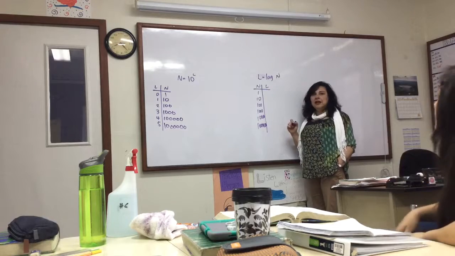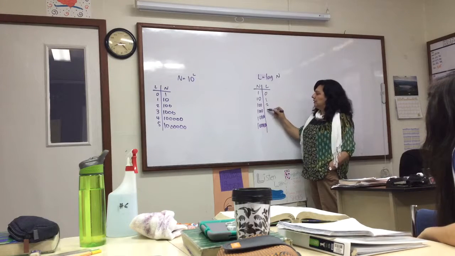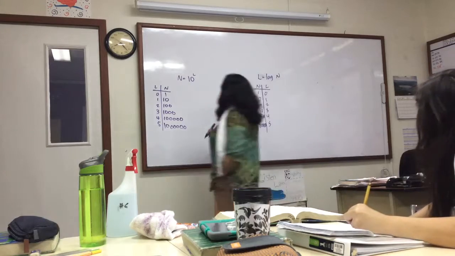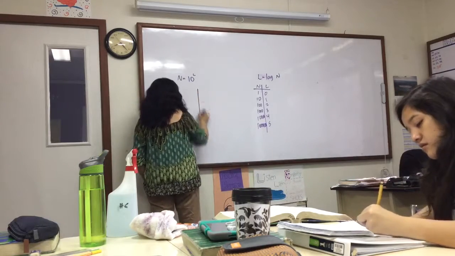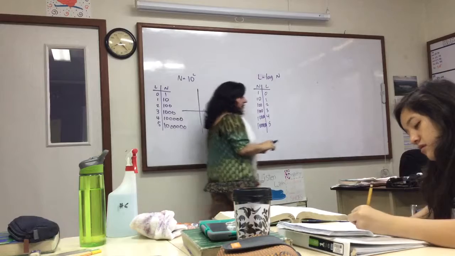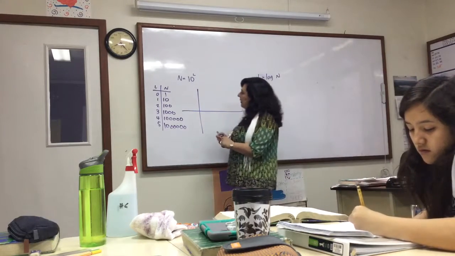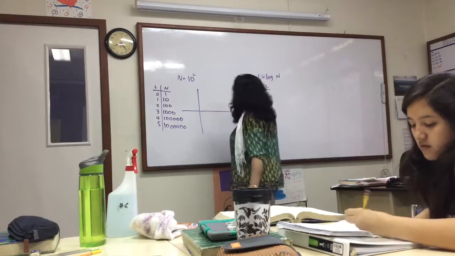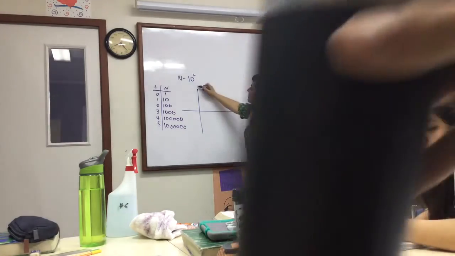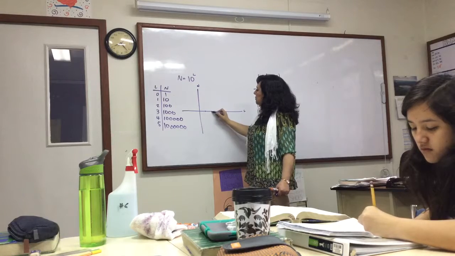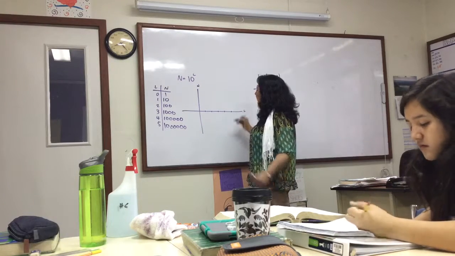And the L is going to be 0, 1, 2, I think you figured it out, right? So if I graph it, what do I get? This is L, this is N, this is 1, 2, 3, 4, 5.